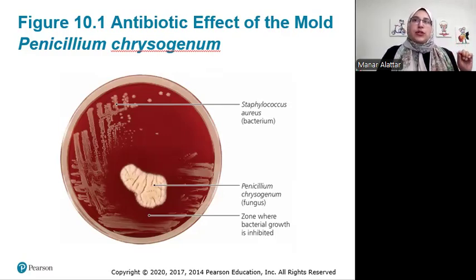And so in terms of the record of ancient Egyptians, like the Ebers Papyrus, which is basically a medical record of what ancient Egyptians were using, that dates back to 1550 BC. We have note of different types of molds that were being used as antibiotics.